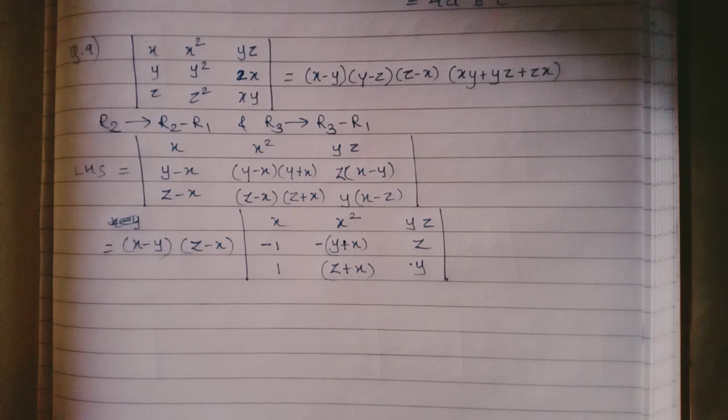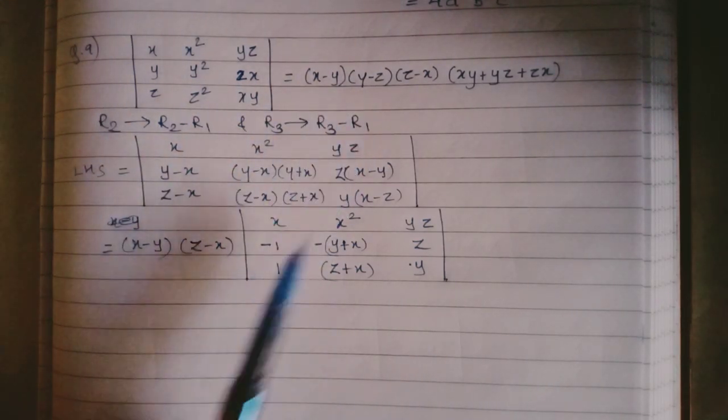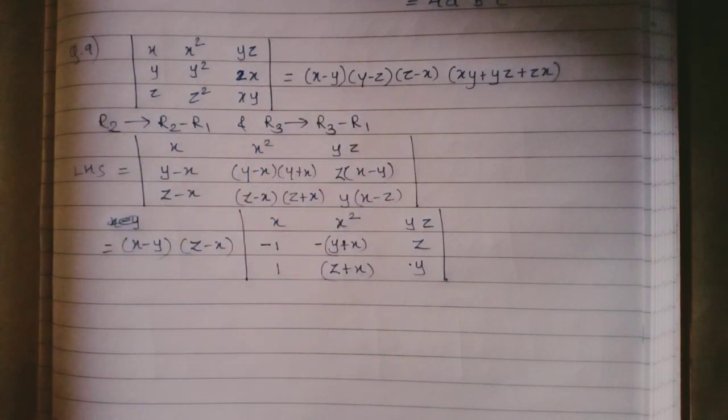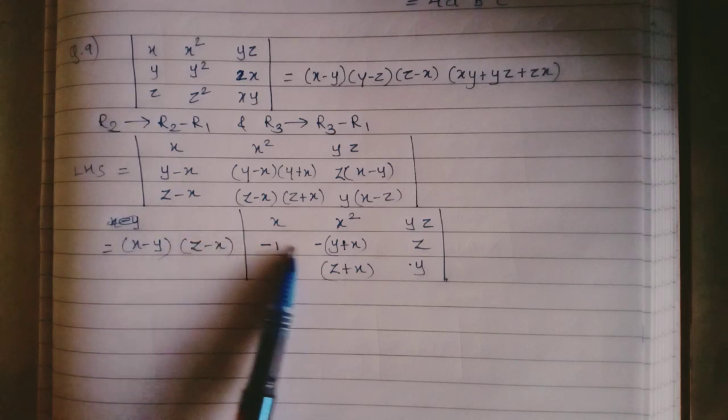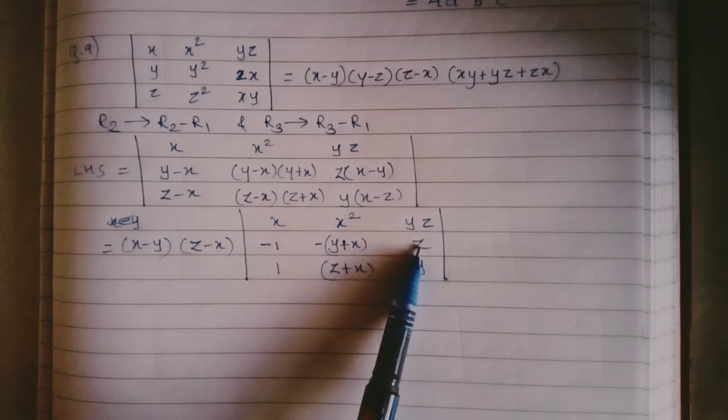Okay, so next we want, we got x minus y and z minus x. Now we want y minus z, right? So here we have the terms here, right? Y minus z.